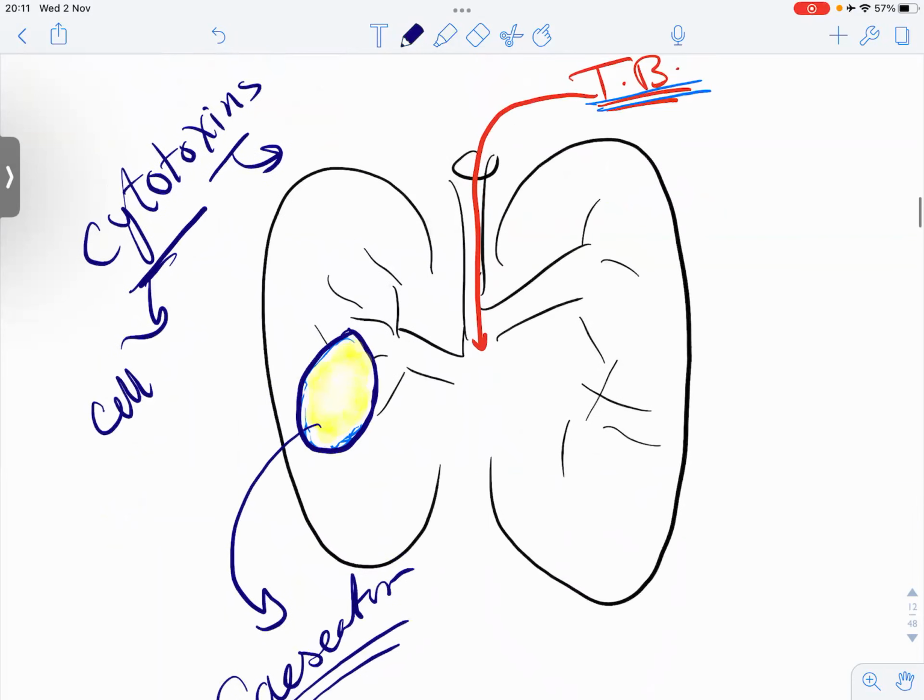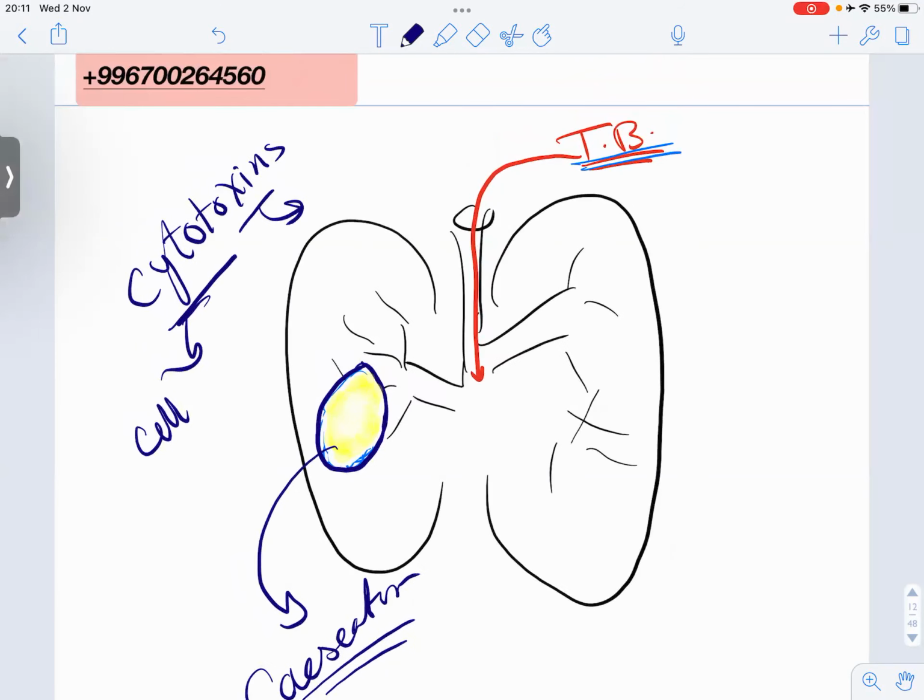Why? Because when tuberculosis bacteria get inside, the macrophage will try to engulf the bacteria, but the bacteria is very strong. Then we call other immune cells, and T lymphocytes will come and surround all of this inflammatory part, and will say no one will go outside.